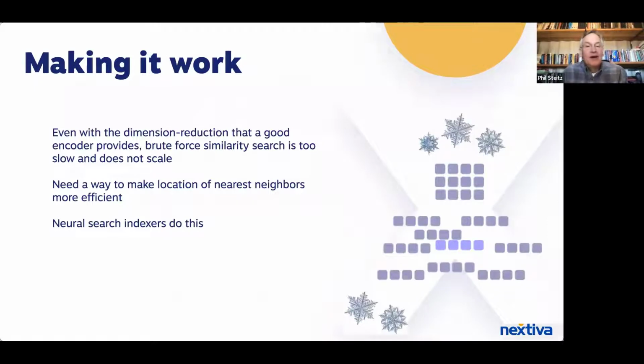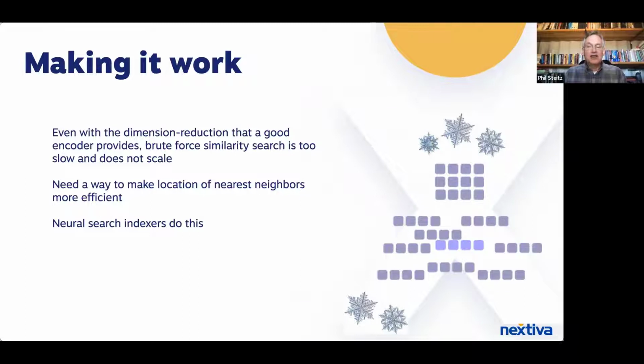Okay, so now how do you actually make it work? I said at the beginning we could stop with that basic idea that all we really need to do is get the encodings, get a distance measure, and then find the things that are closest, and done. Well, there's a big problem there.